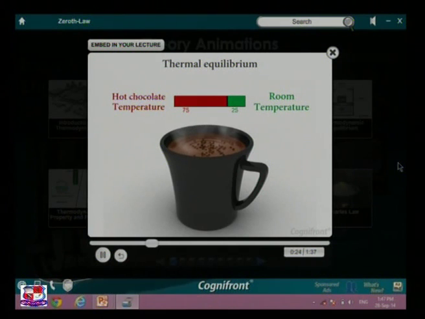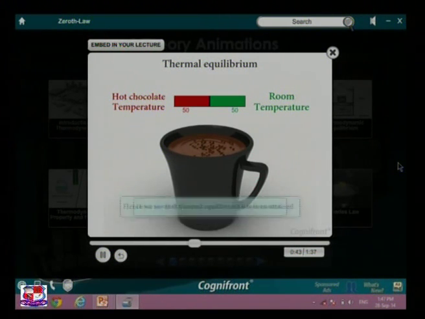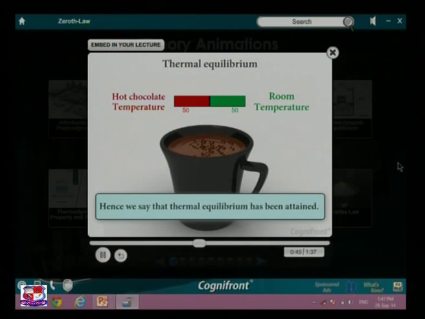When we place a cup of hot chocolate in a room, after some time its temperature comes down to the room temperature. This is because both the systems which were in thermal contact have finished exchanging heat. Hence we say that thermal equilibrium has been attained.